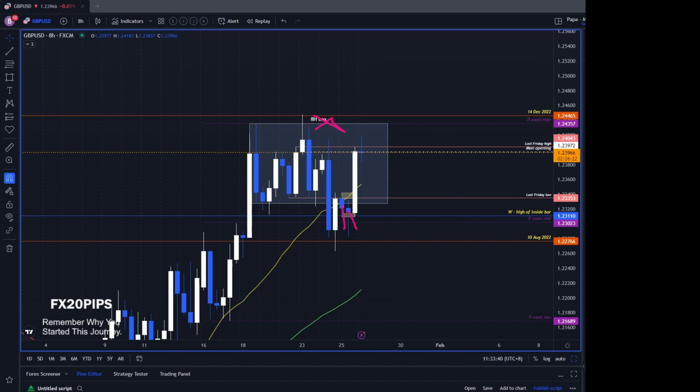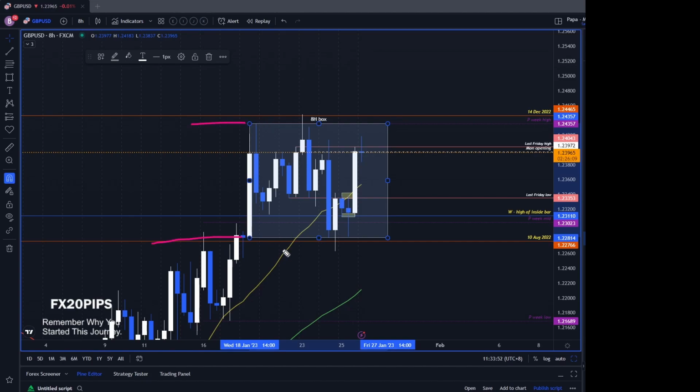I was looking at what actually happened, and I noticed that if I had remained with the 8-hour box here, which is the previous one, then it does make sense that price never goes below this bullish candle at all. Well, it is what it is.